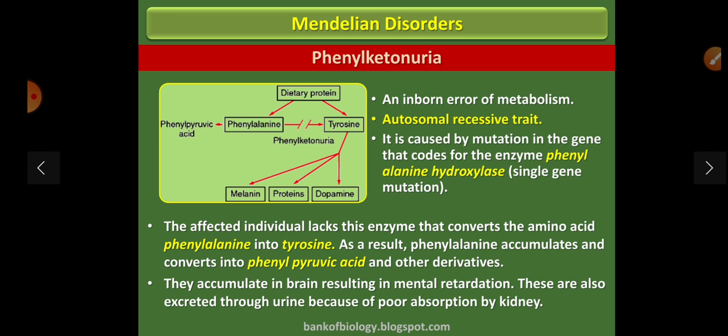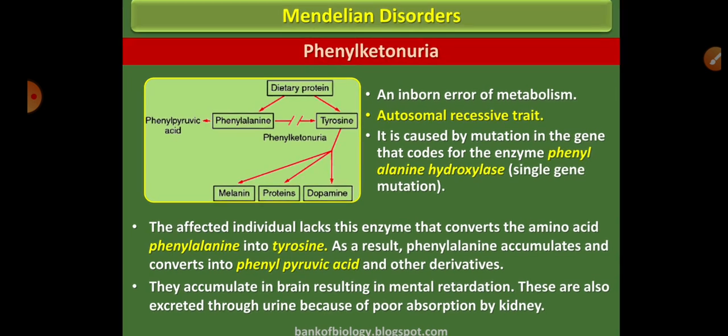Next is phenylketonuria, an inborn error of metabolism, an autosomal recessive trait. It is caused by a mutation in the gene that codes for the enzyme phenylalanine hydroxylase, a single gene mutation. The affected individual lacks this enzyme that converts the amino acid phenylalanine into tyrosine.